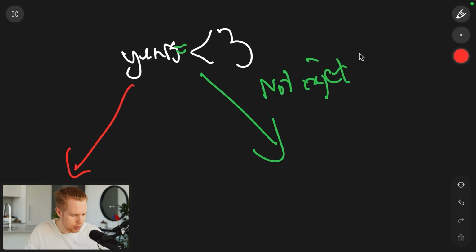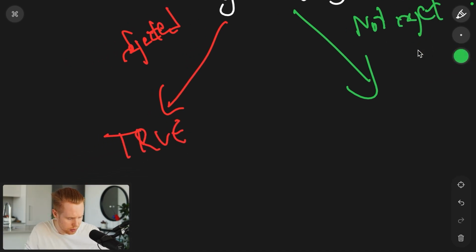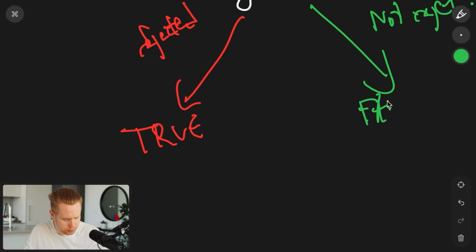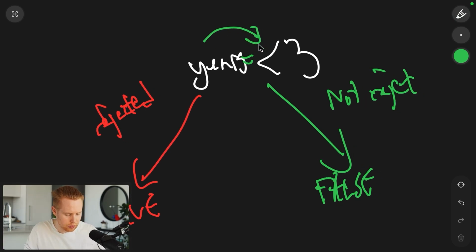And this is saying over here that they are rejected. And so for them to be rejected, this would have to be equal to true, and this would have to be equal to false. And remember, it's just conditional logic here. We're just checking to see if a condition is true and then routing it down one of two paths.